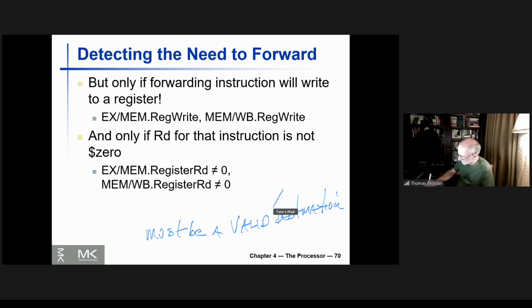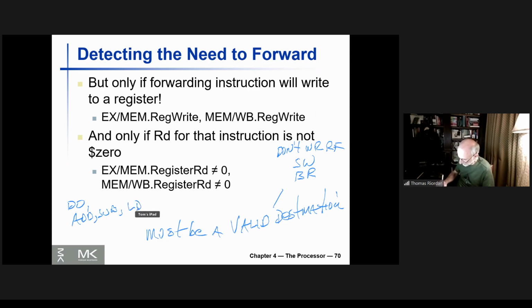And so we'll just ask ourselves here, what are the cases for that? The cases, of course, are if it's a store, like we said, a store has no valid destination, and neither does a branch. A branch doesn't write the register file. The ones that do write the register file are add and subtract and so on, and load.